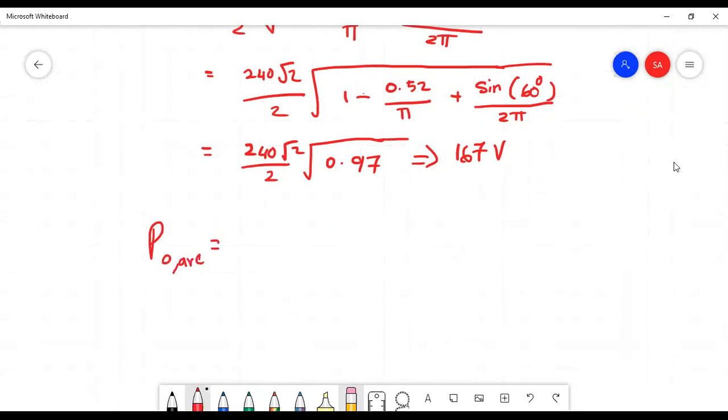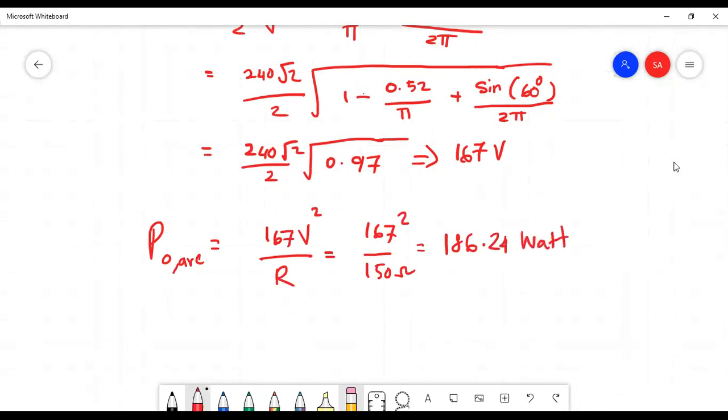And then my P out average, which is your active power, is 167 volt square over R, where R is 150 ohm, so I will get around 186.24 watt.